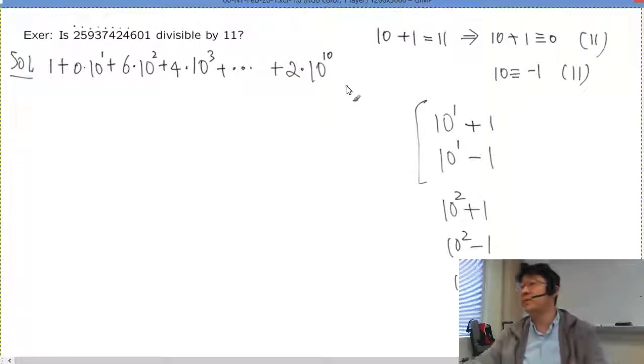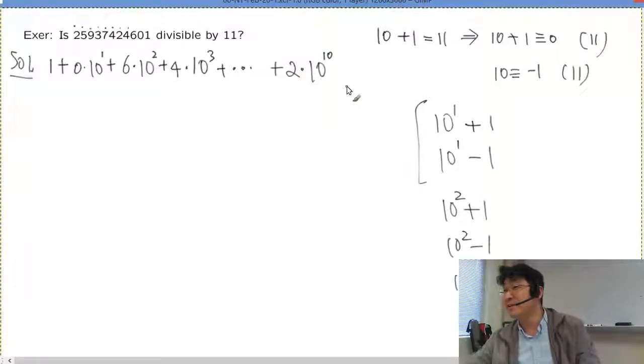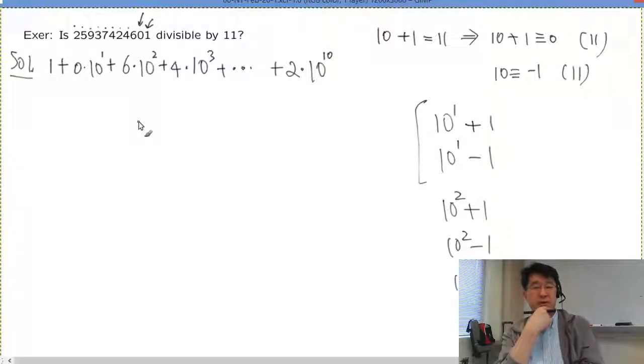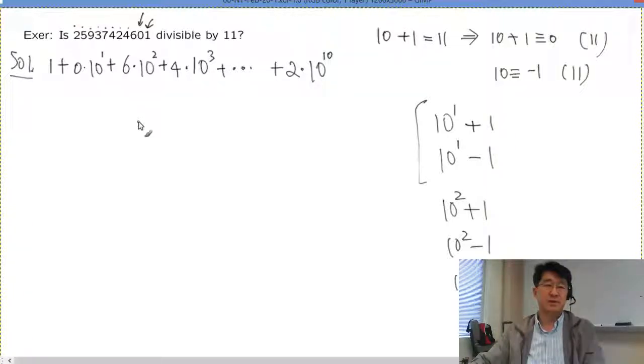Yeah, I was confused at the beginning, so I feel you. Right, this is the 0th place, that's the 10th place, and so on. But why do I write it like this? I don't know. It's like a Taylor series, you've got used to it. Something like that. Forget what I just said.